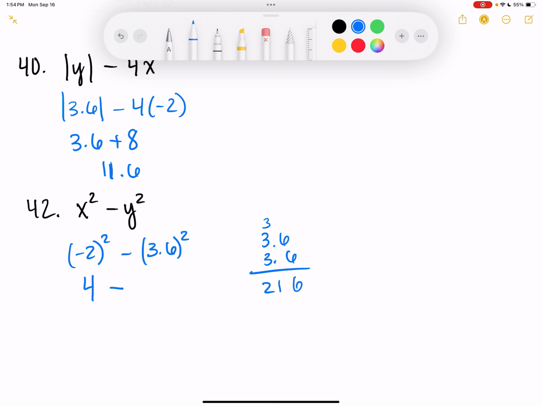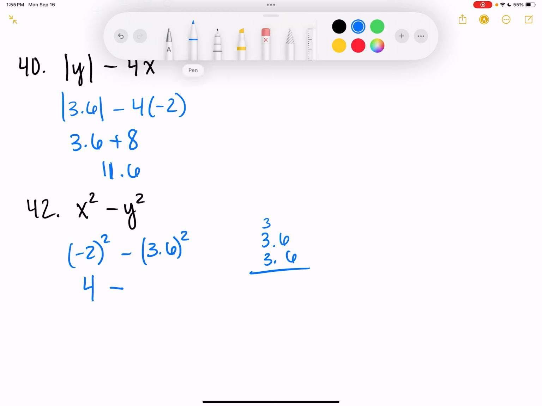Oh no, I got 23.8. Oh, I did that so wrong. Hold on. I have the wrong numbers here. Oh, that's right.